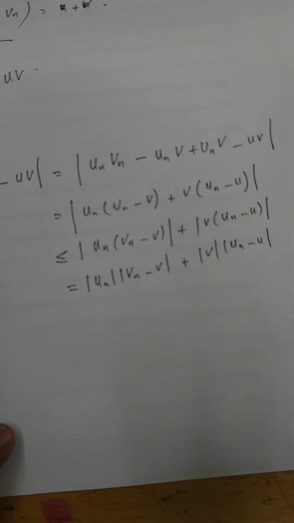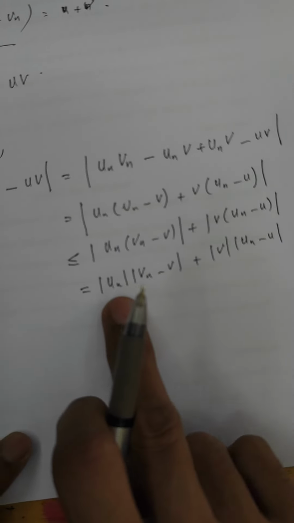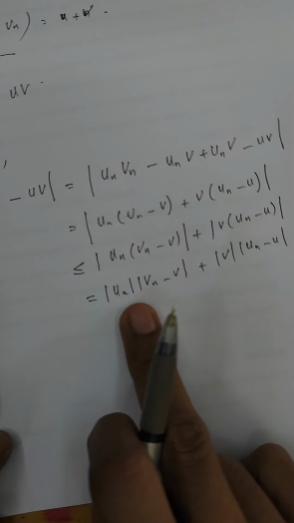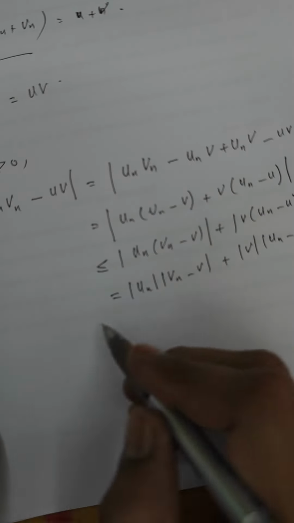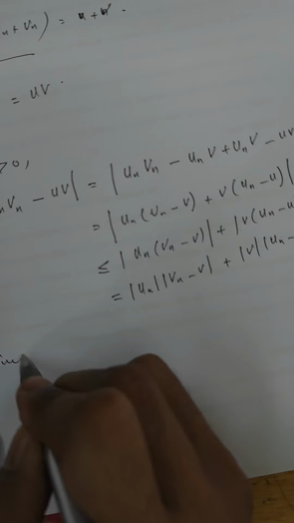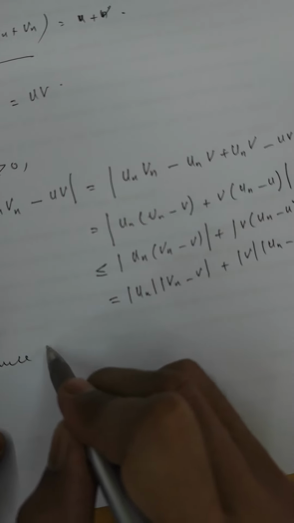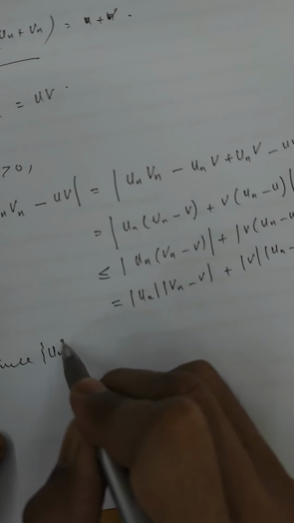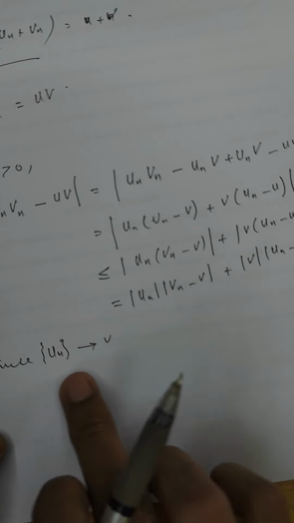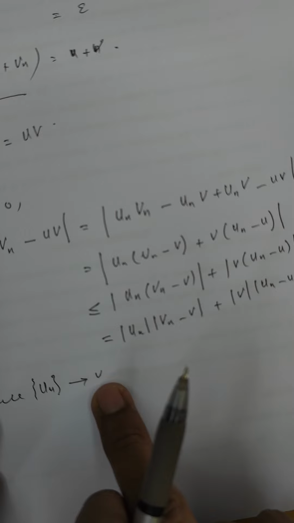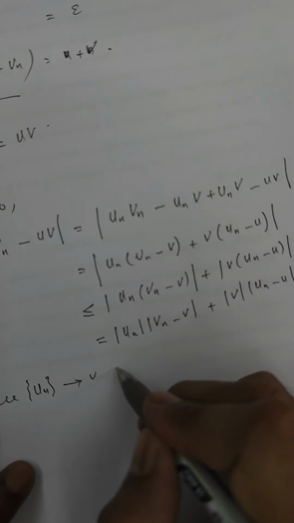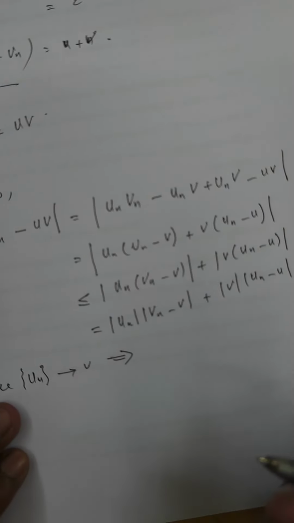Alright, and what to do next? See, we know that un is a convergent sequence. Since un converges to u, because we take the limit from our assumption, which means un is bounded.